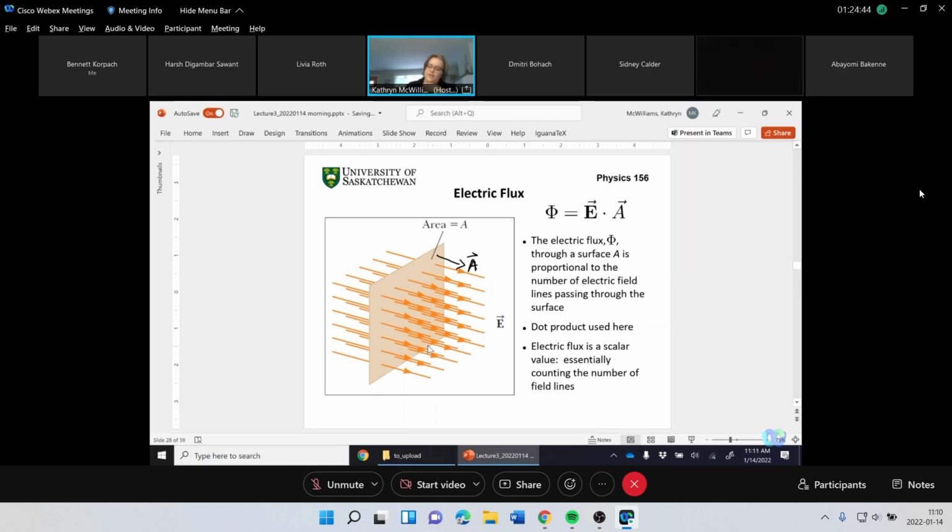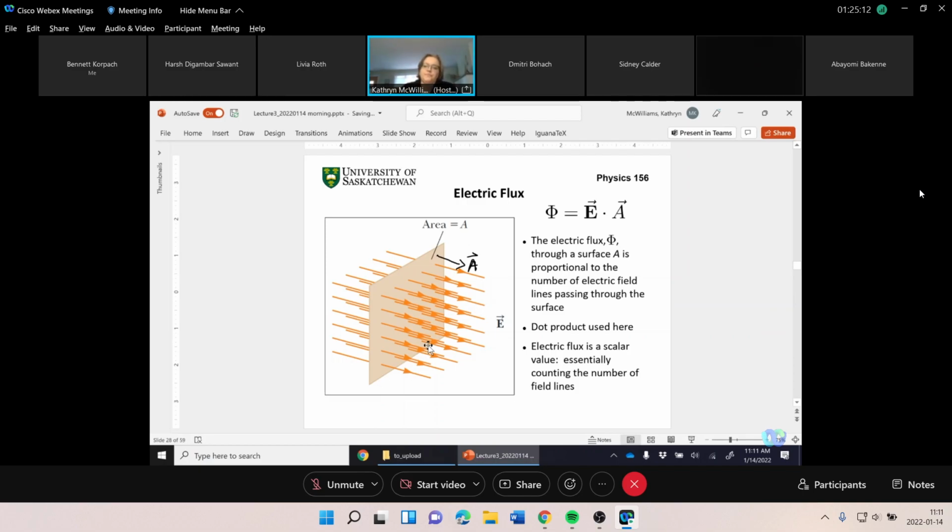So we want to figure out how many electric field lines are pointing through the surface. How many are parallel to A, the unit vector perpendicular to the surface? We want to figure out the component of E in the direction of A. That's basically what we're using the dot product for here.